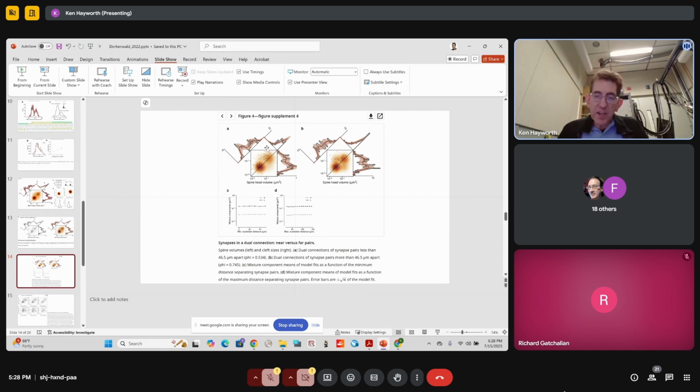The fact that you can see the same picture, the same correlation between these, is incredibly telling. It's saying that this correlation between these sizes and these small and large variables is not due to being on the same dendritic branch, right?